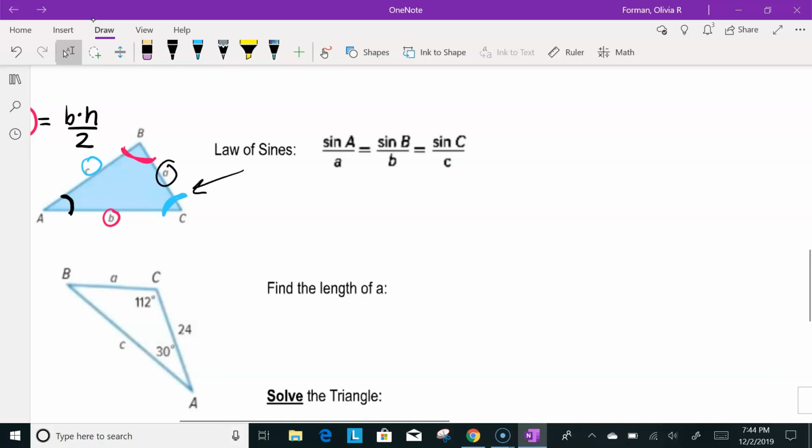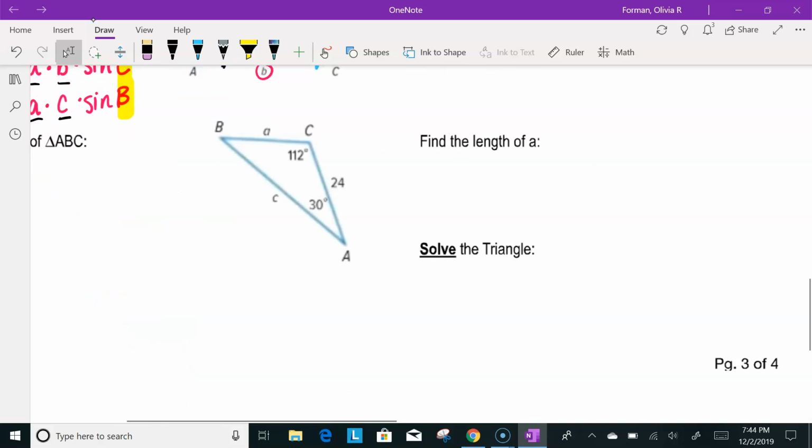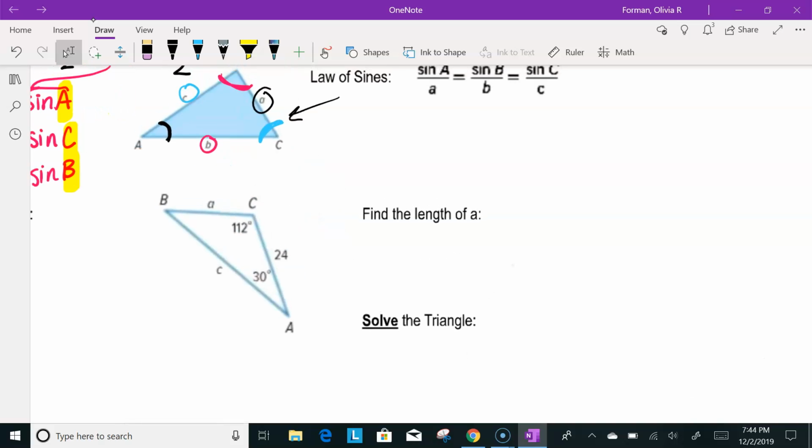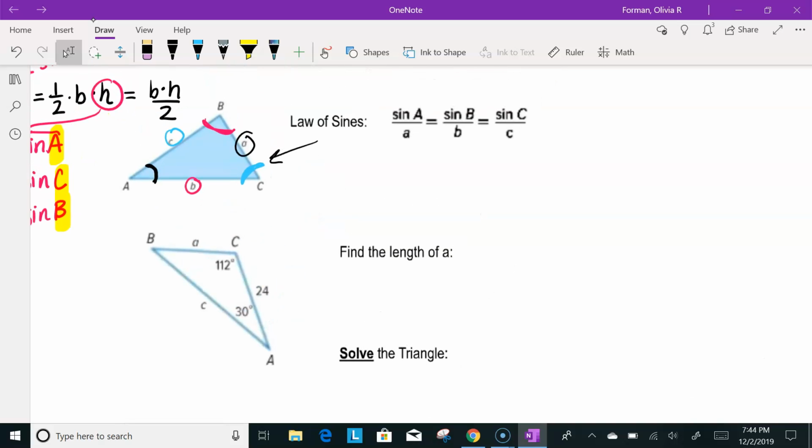Okay, so if you look down, we're going to do this part here. It says find the length of A. So I look at this triangle over here, and the length of A is this side right here. So if I were going to set up this law of sines, sine of A over A equals sine of B over B equals sine of C over C with what I know.